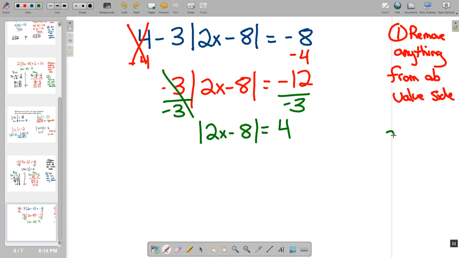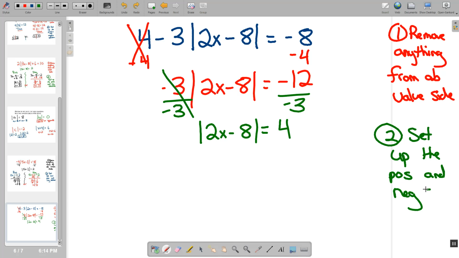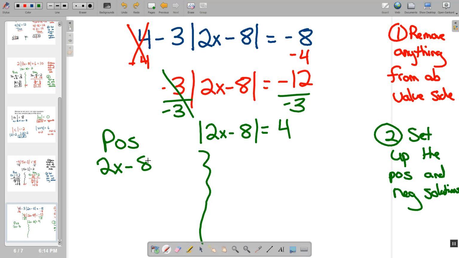And now I can do step 2, which is to set up the positive and negative solutions. Run out of room. There we go. Okay, so the positive solution is going to be 2x minus 8 equals positive 4.